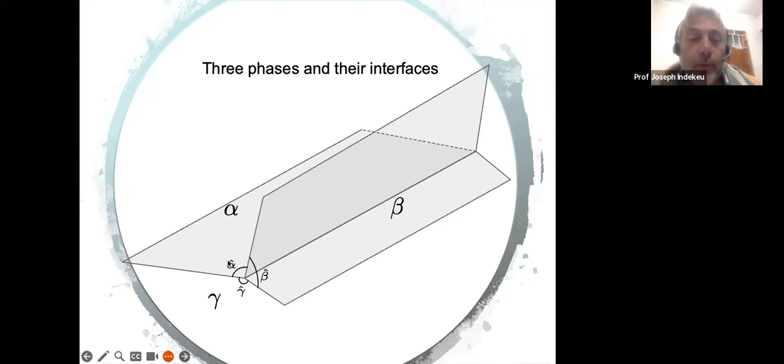We also distinguish 3 angles, so alpha hat, beta hat, gamma hat, and these are the dihedral angles that span the phases. So now, as you remember, we have some sort of a mechanical equilibrium at the contact line in order for the contact line to remain at rest.